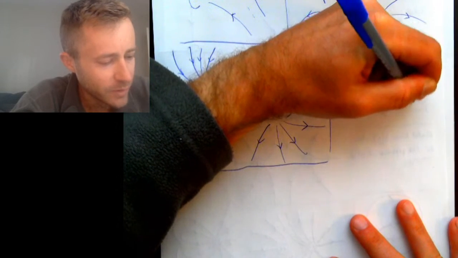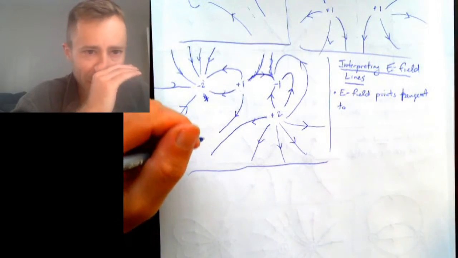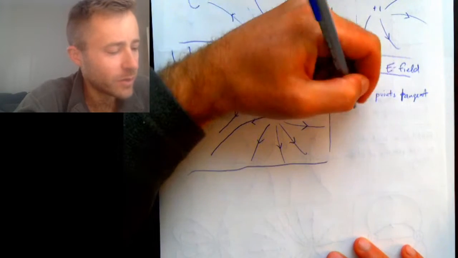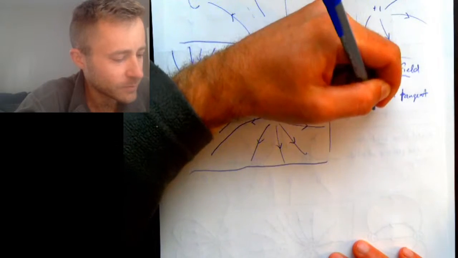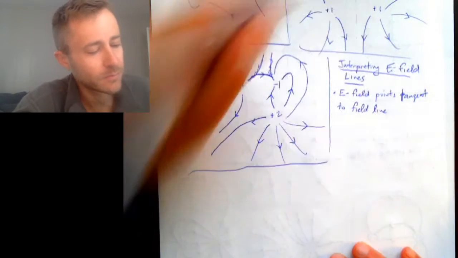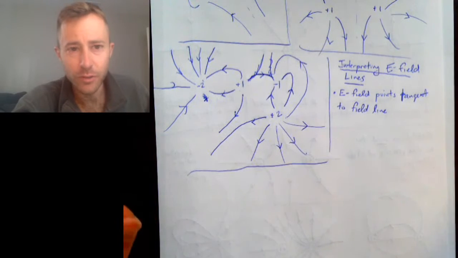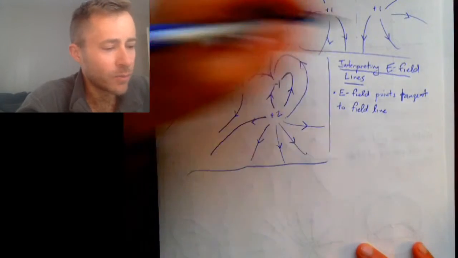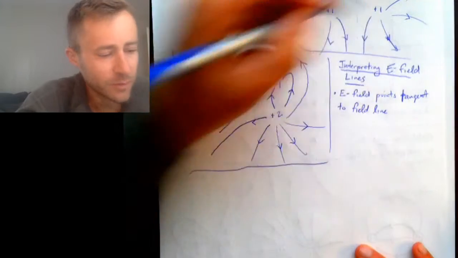It points tangent to the field lines. Okay, it points tangent to the field line. So for example, right here, the electric field points in that direction.